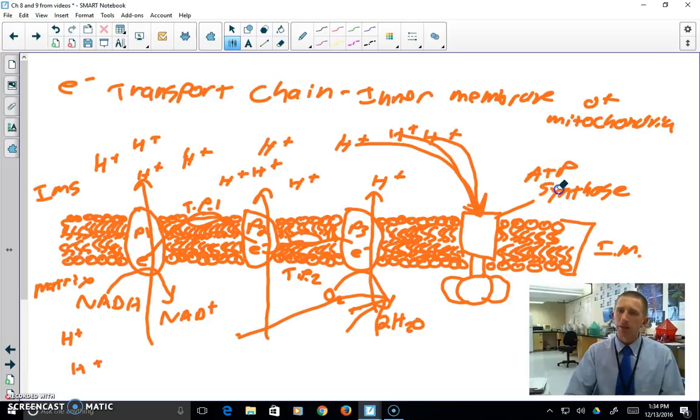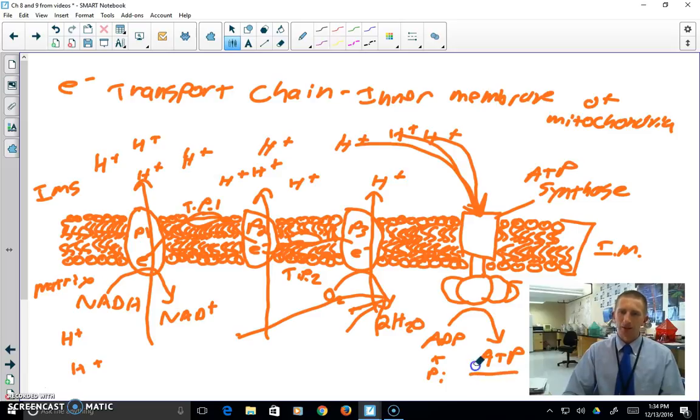That's what ATP synthase does. As the hydrogen ions flow through, the hydrogen ions are kind of like water, right? ATP synthase is like the turbine. Okay, so that's going to spin, and that's going to generate enough kinetic energy to take an ADP, obviously, plus Pi, inorganic phosphate, and make it into ATP.